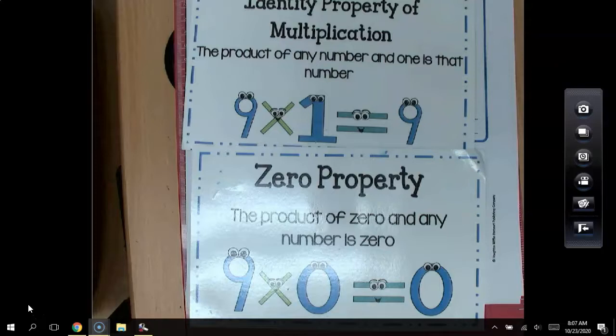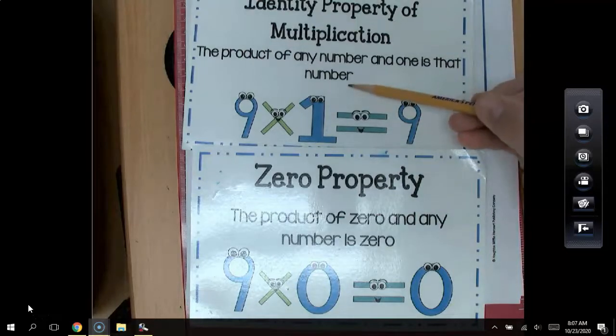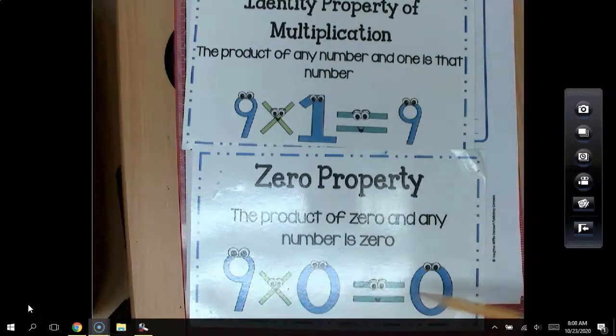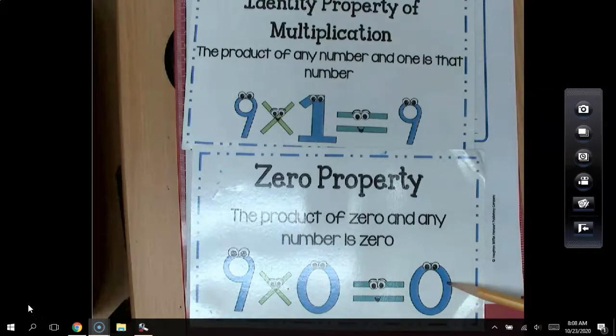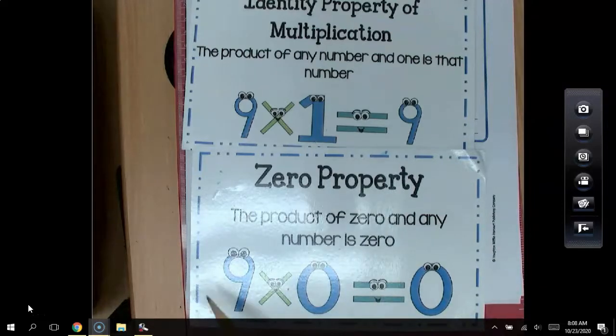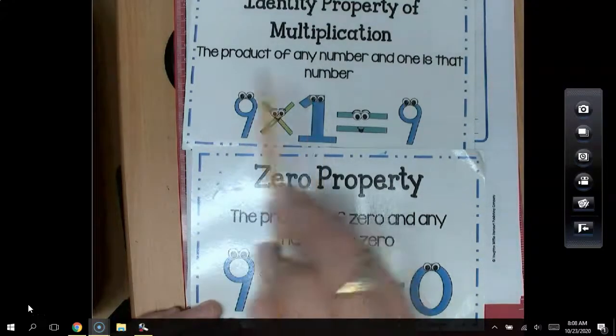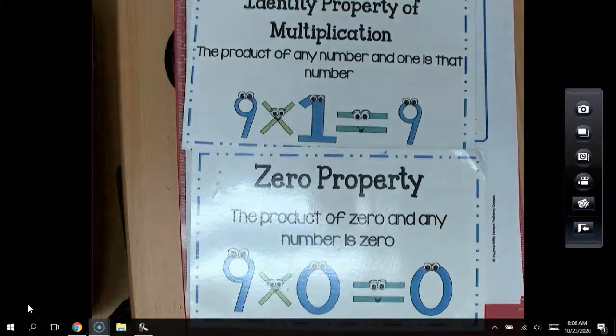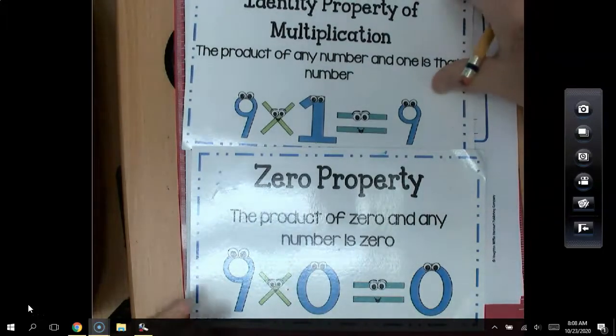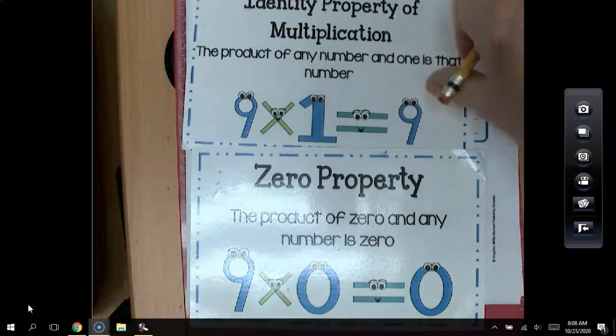It's 0. 0 always wins, boys and girls. 1 always loses. 0 always wins. Any number times 0 is always 0. Any number times 1 is always the other number. So 1 always loses and 0 always wins.